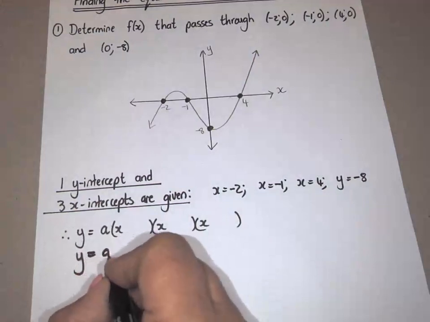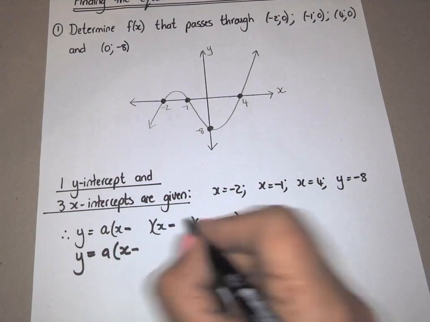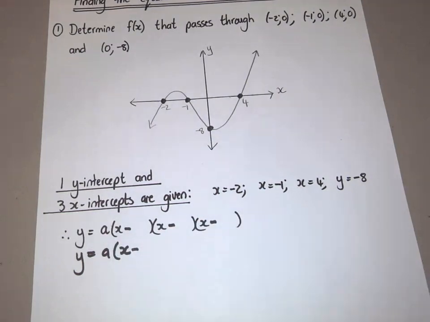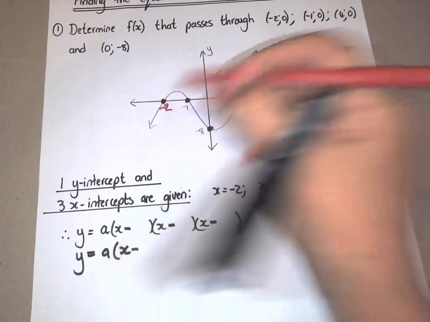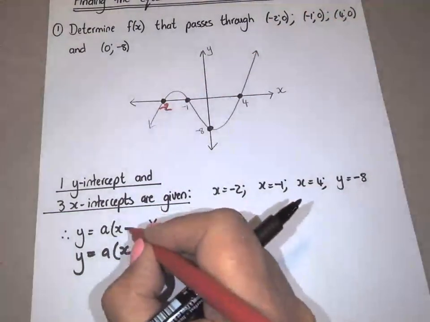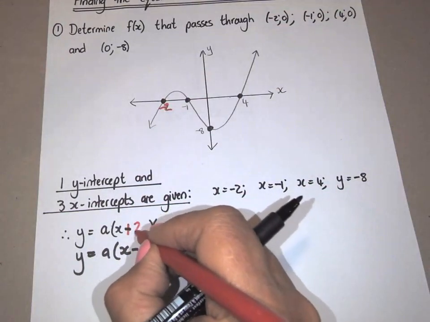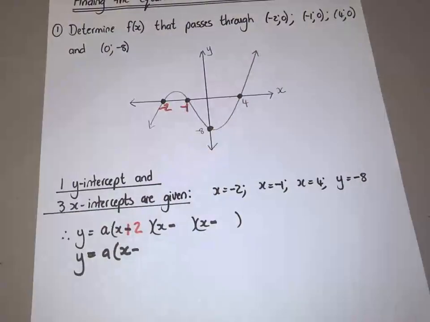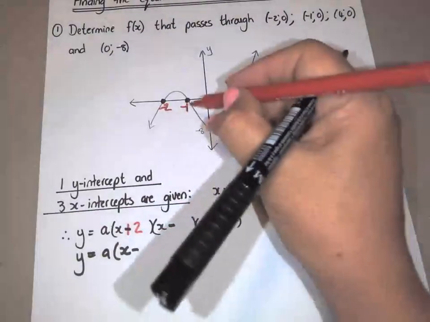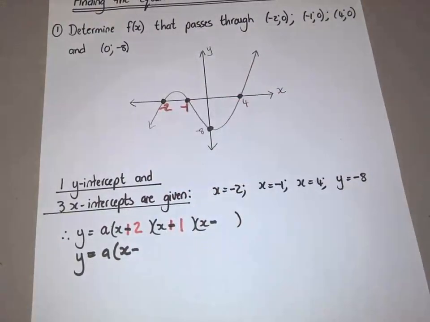Y equals a, x minus, and now we put in our points, -2. So a negative minus -2 becomes a +2. The next point is -1. X minus -1 becomes +1.